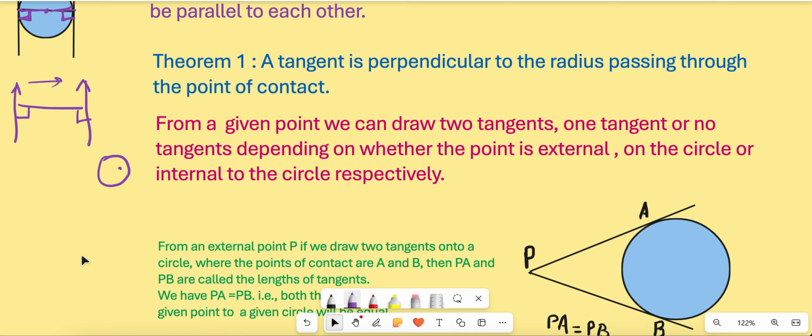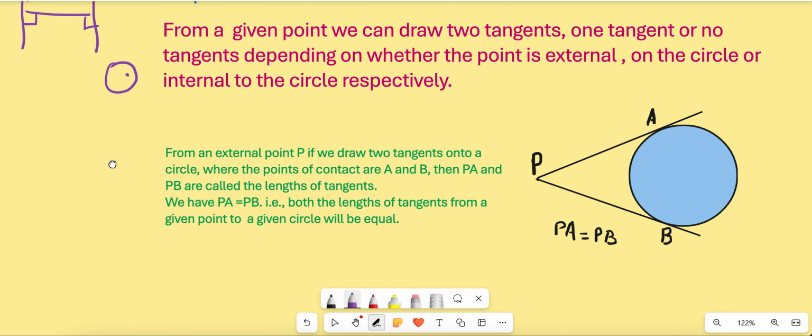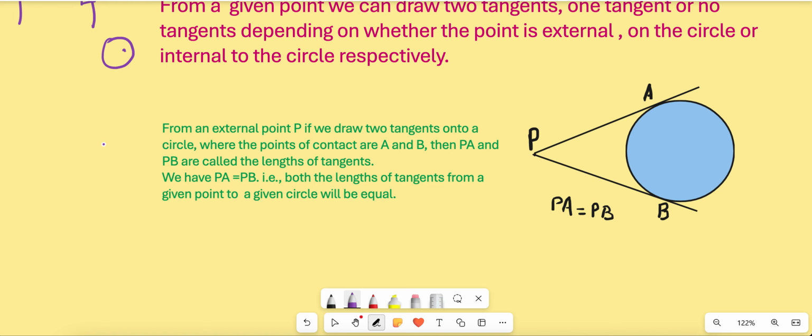Now coming to the final one of the concepts. From a given point P onto a circle, we can draw two tangents, as we just discussed. Let these two tangents meet the circle at two different points A and B. Then PA is called the length of the tangent.